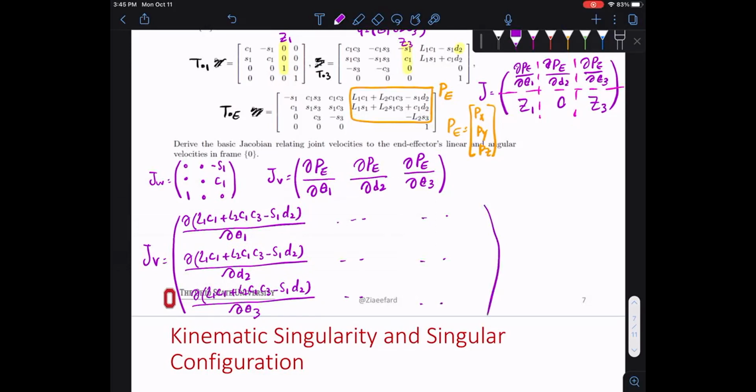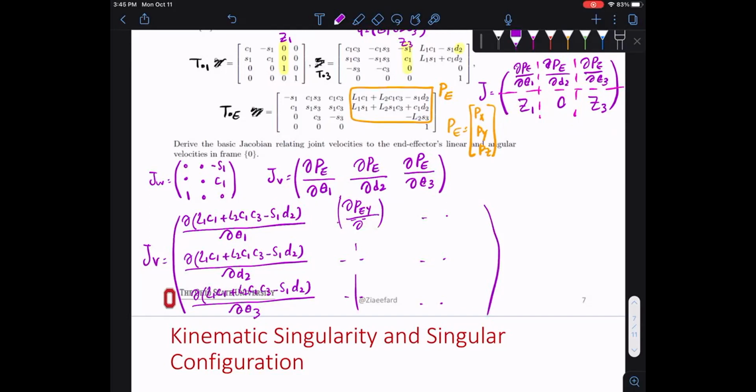So for here, you write D2 for PY. And then continue, this is PZ. All right. So the annotated version has all of it.